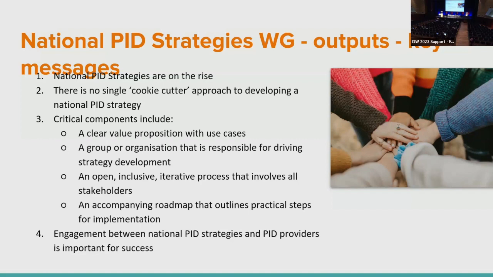These include a clear value proposition with use cases, a group or organization with responsibility for driving strategy development, an open, inclusive, iterative process that involves all stakeholders, and an accompanying roadmap that outlines practical steps for implementation. And the last point there is that between this strategic development and the PID providers, we need that relationship to build and continue for success.